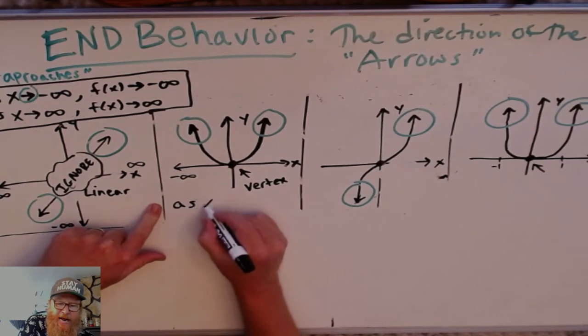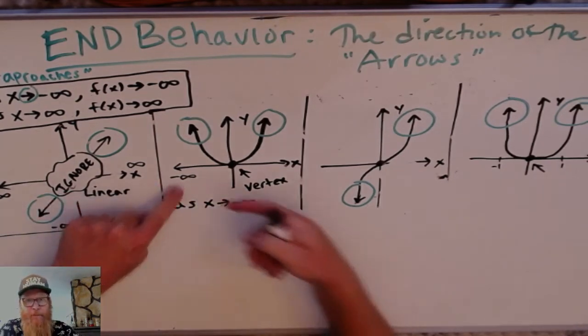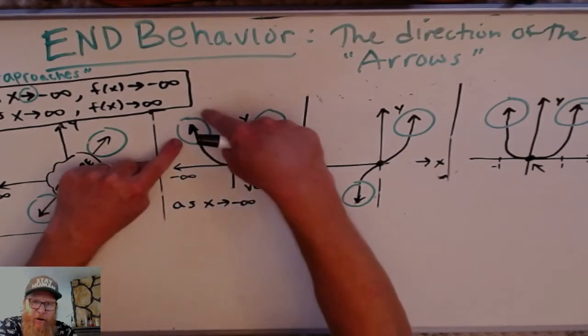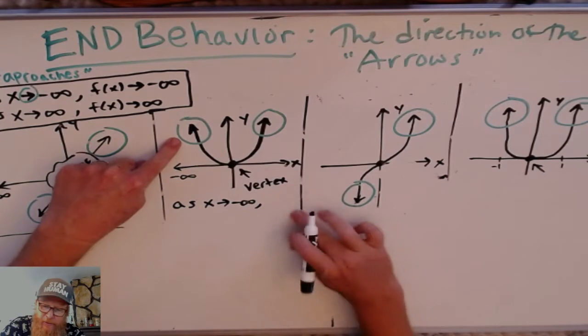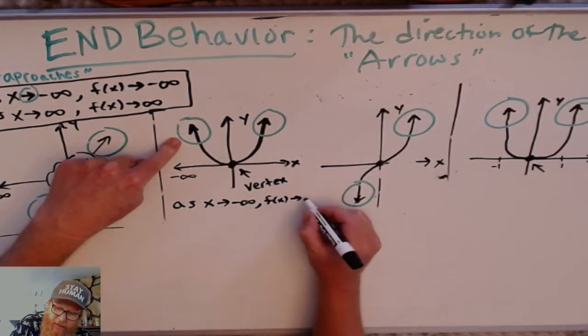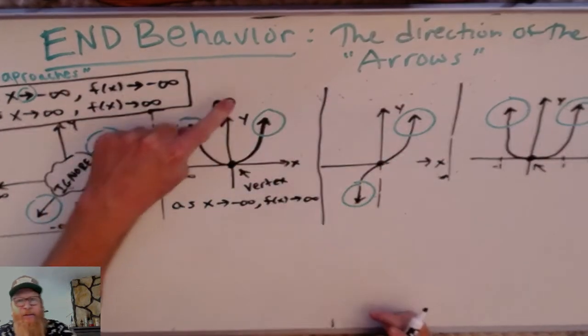So you say, as x approaches negative infinity. So x is going towards negative infinity. What's happening to the arrow? F of x is going to positive infinity. See? Positive infinity.